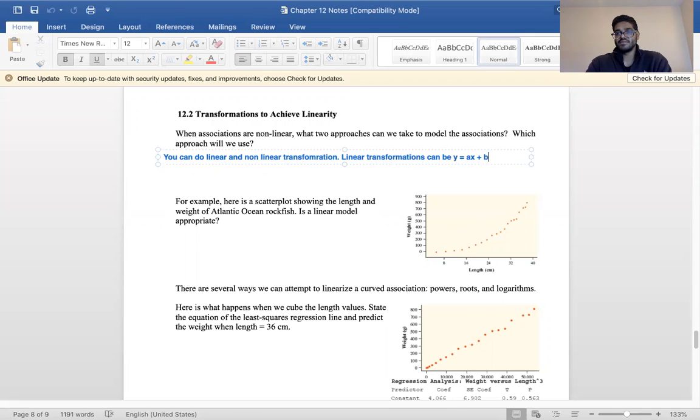So you're going to multiply and then add some number, right? That's a linear transformation. For example, converting from Fahrenheit to Celsius. Okay, that is a linear transformation. However, when data is non-linear, you can do non-linear transformations.